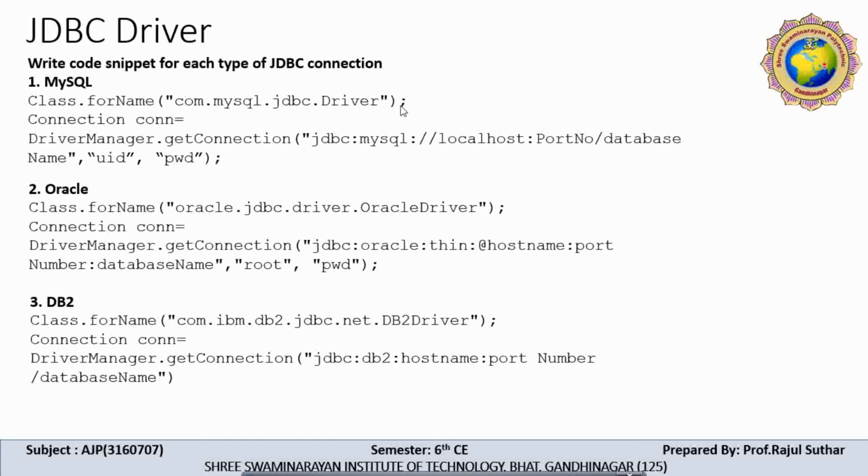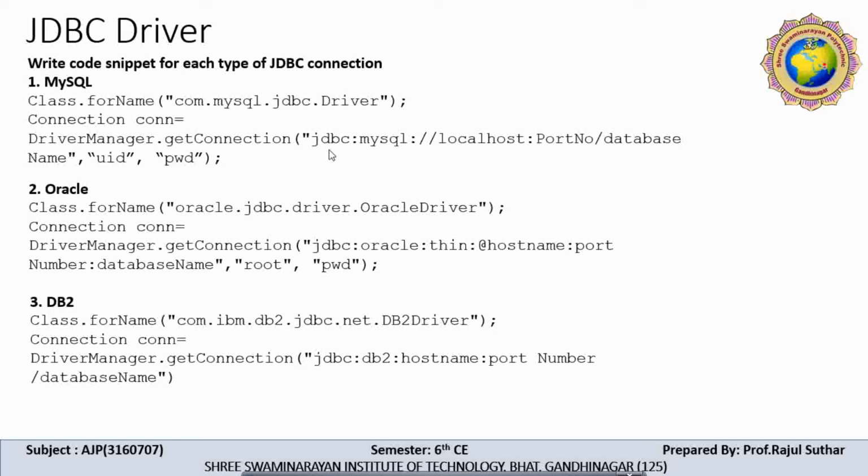com.mysql.jdbc.Driver, and we require one object that is called connection object. Connection con is equal to DriverManager.getConnection, and in the bracket we require the path where the MySQL JDBC driver is stored.